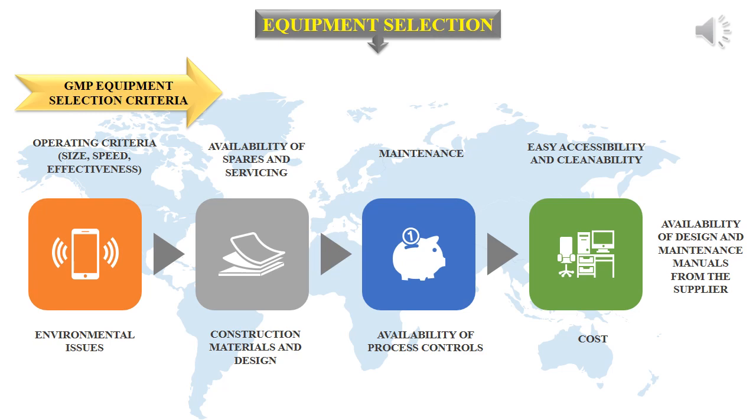They are operating criteria, size, speed and effectiveness of equipment, then availability of spares and servicing, maintenance, easy accessibility and cleanability, environmental issues, construction, materials and design, availability of process controls, cost, availability of design and maintenance manuals from the supplier. These are the criteria to be met for an equipment during selection according to GMP.